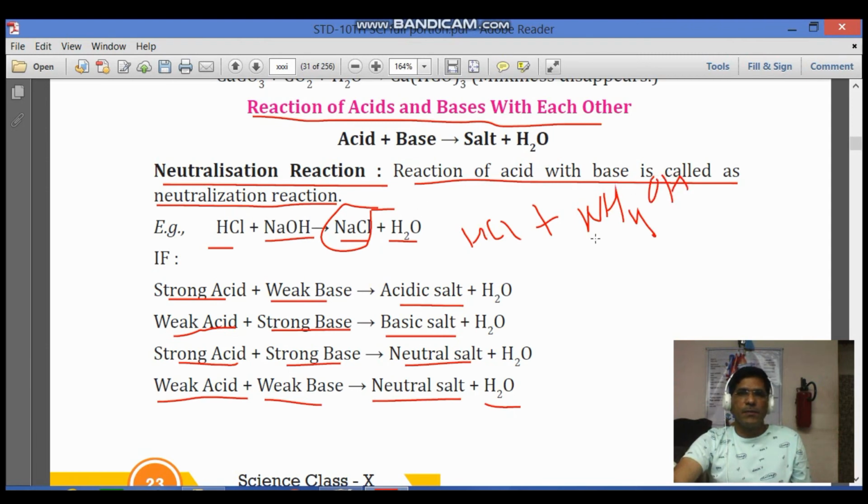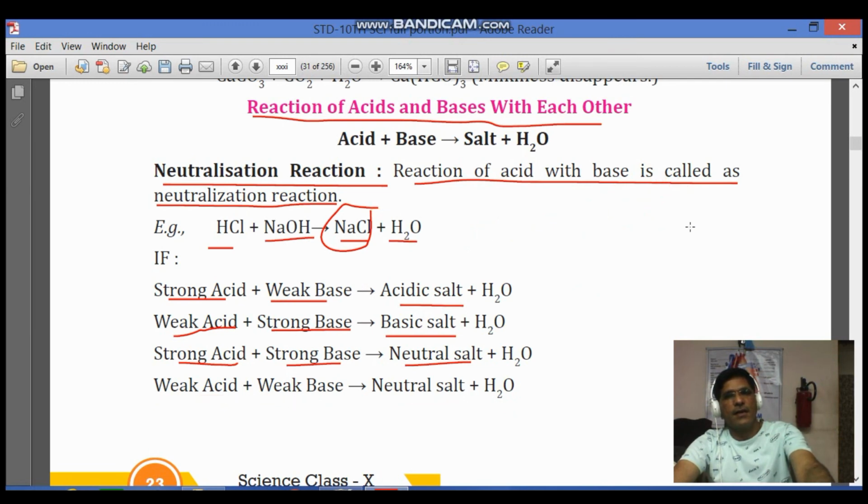Strong acid, weak base: the salt is acidic, that is NH4Cl plus H2O. So you will say it is an acidic salt. In your text, these reactions are given.